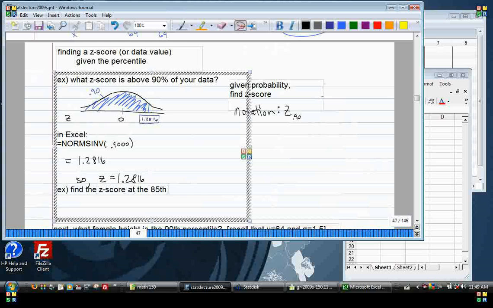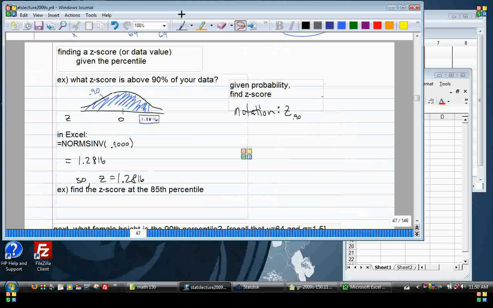Let's find the z-score at the 85th percentile. How do we do that? So you draw the picture. And how do we label it? 0 in the middle for z. And how do we do that? Yeah, we're shading in an area.